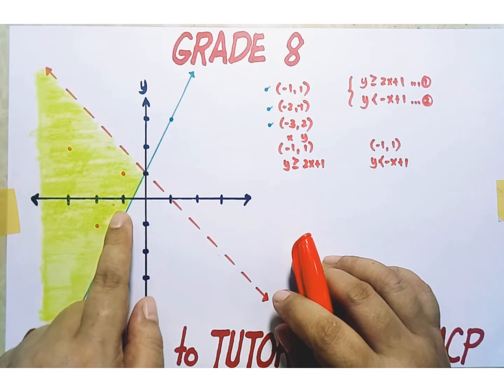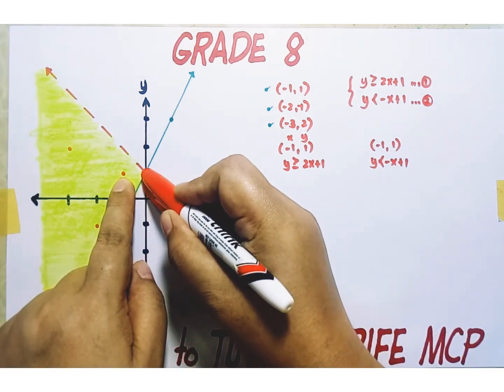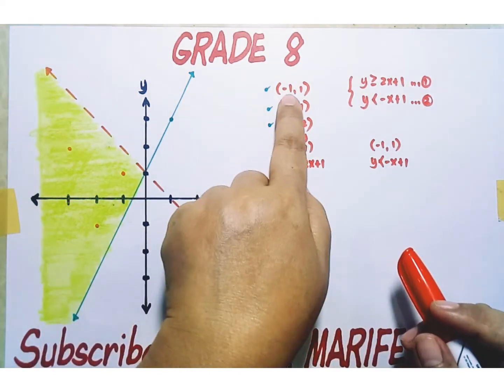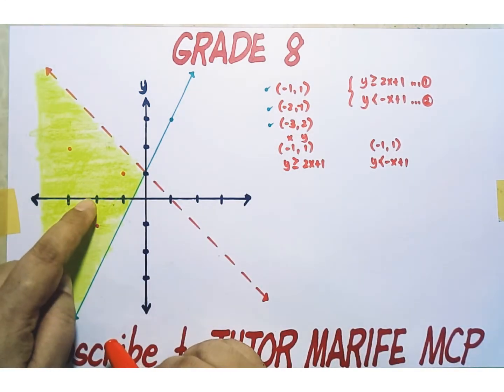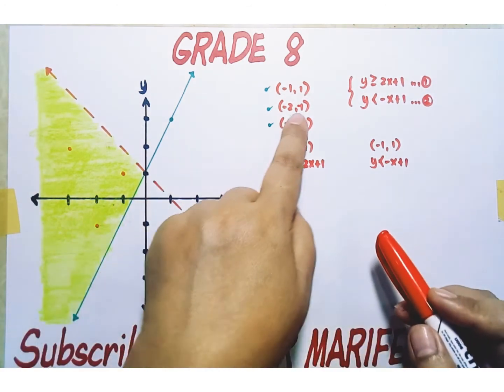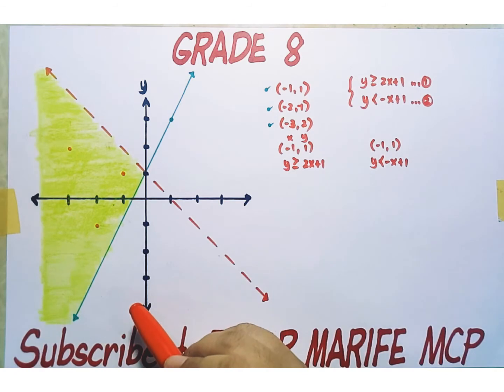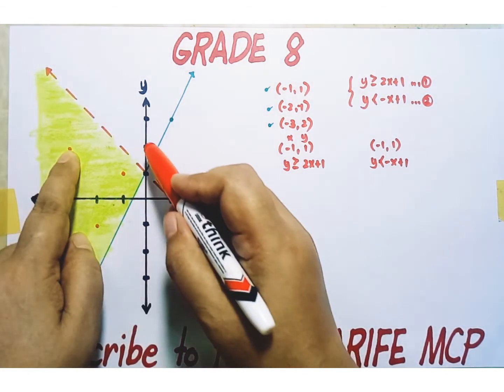For the first point, we can pick (-1, +1). For the second point, we can also pick (-2, -1). And for our third point, we can pick (-3, +2).